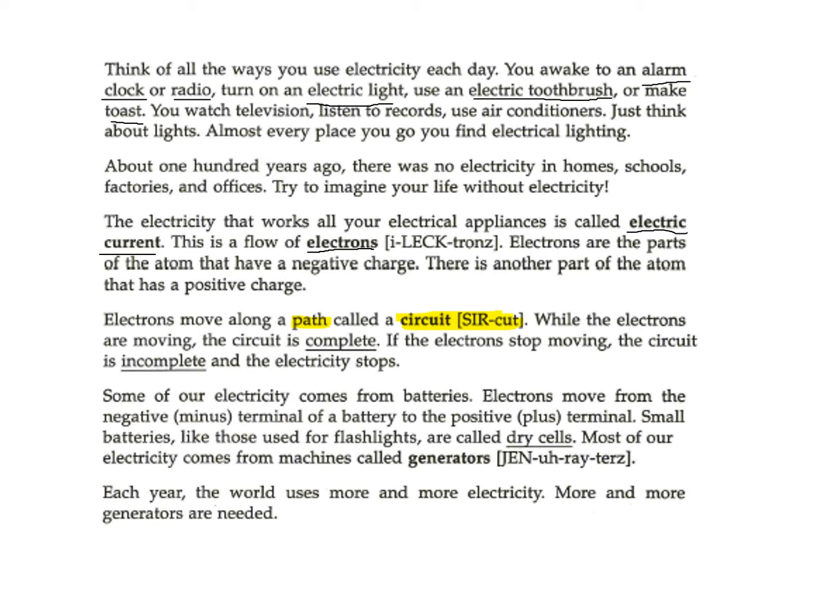A circuit means a path, a road. While the electrons are moving, the electric circuit is complete. So these words are very important because if the electrons are moving and everything is okay, we call it complete. If the electrons stop moving, the circuit is incomplete.